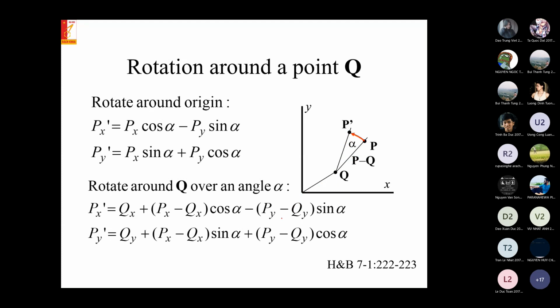For example, we have this case. The new origin is Q, and a rotation over an angle of alpha takes P to the new position. And of course, we have this.